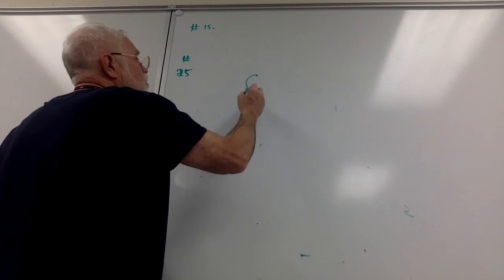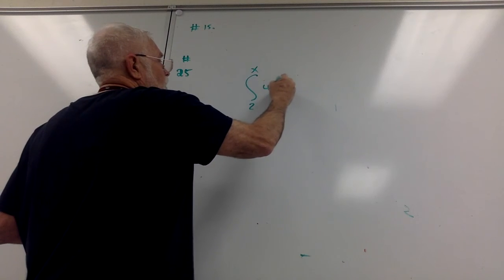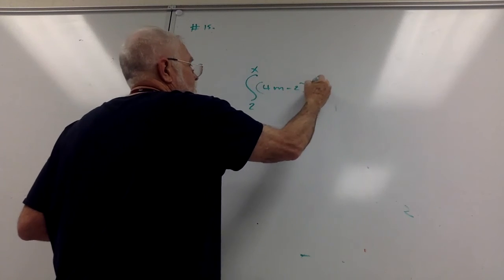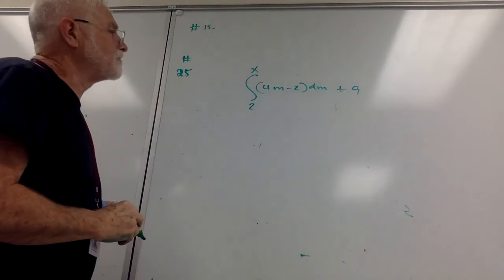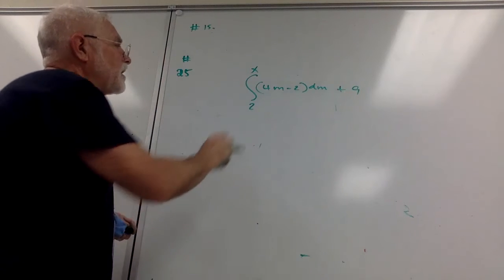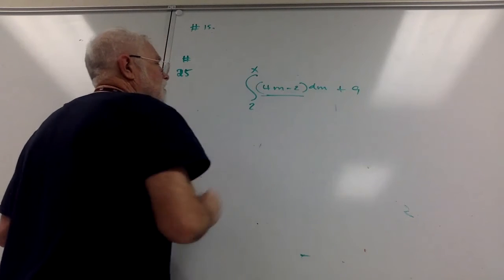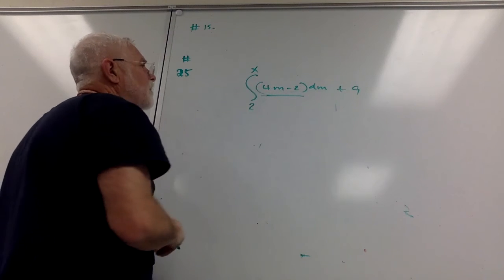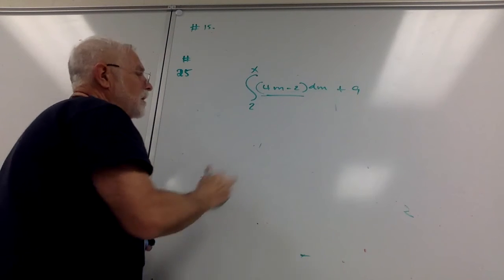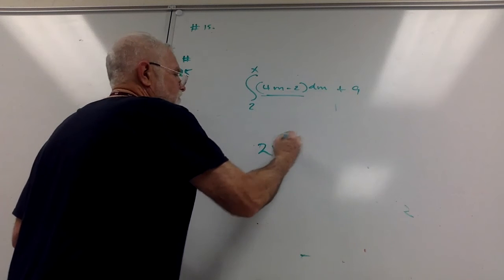Let's go from 2 to x, 4m minus 2 dm plus 9. Okay, so looks like I got to integrate this. That's my first step. Do I know what 4m came from? Oh, yeah, that's from 2m squared.